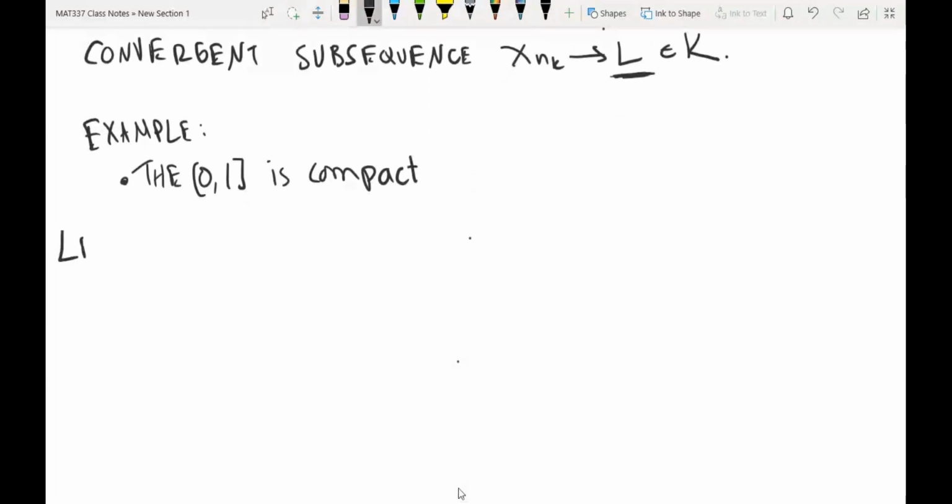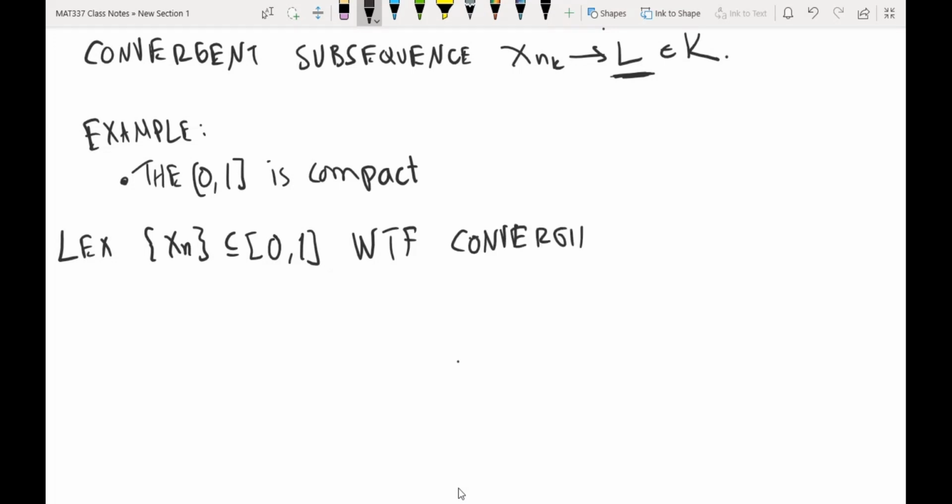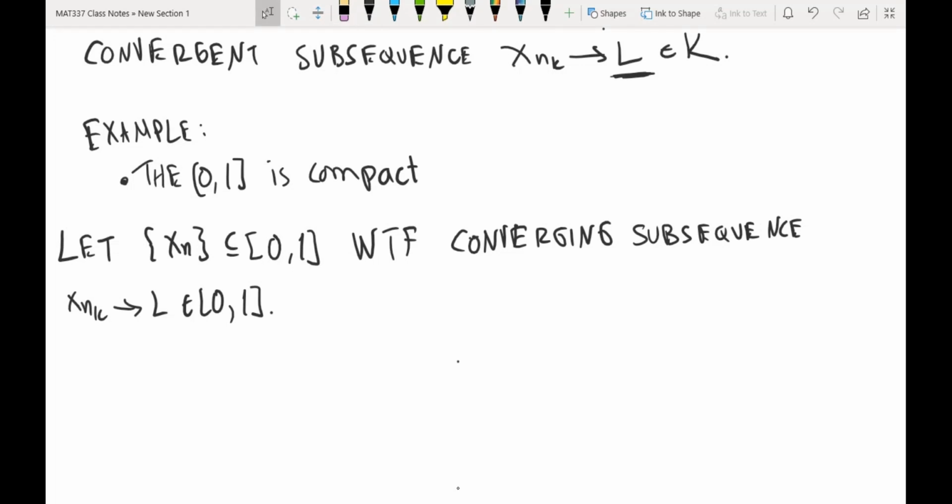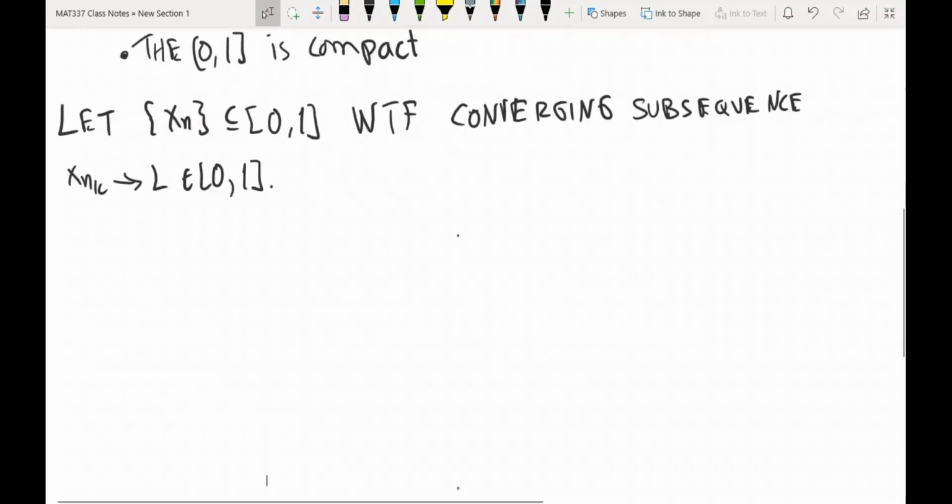You start with any sequence, and want to find a converging subsequence x_{n_k} converging to some limit L in [0,1].